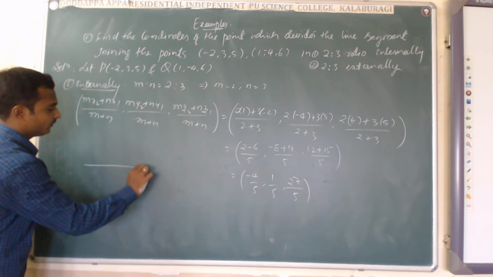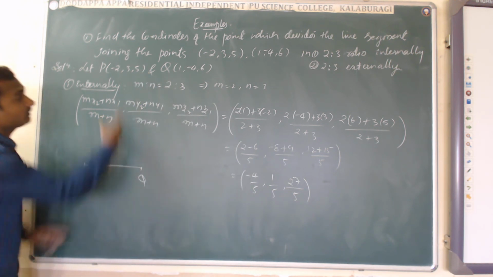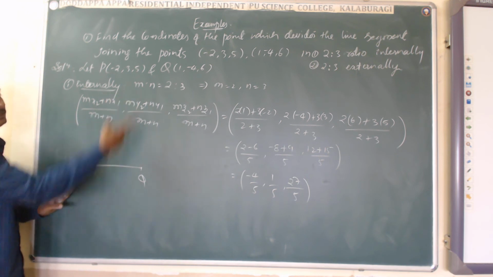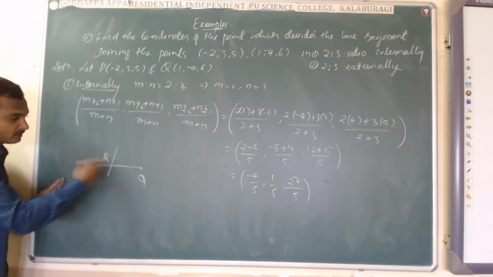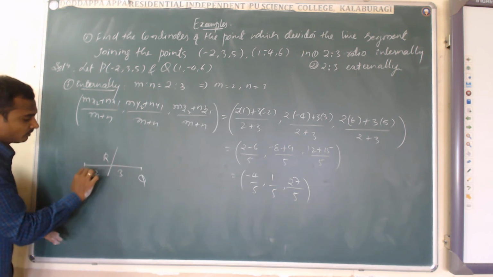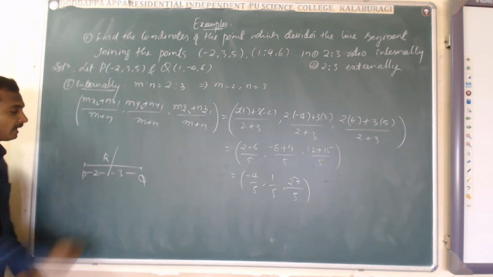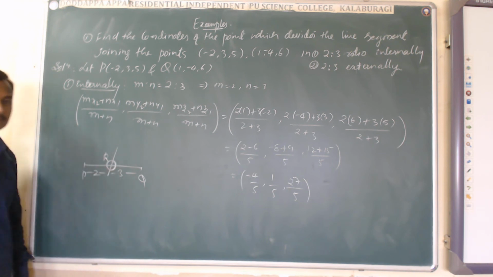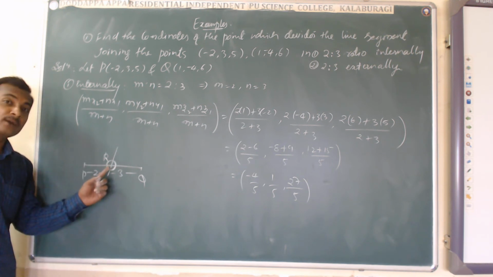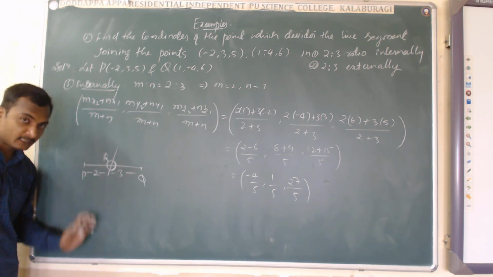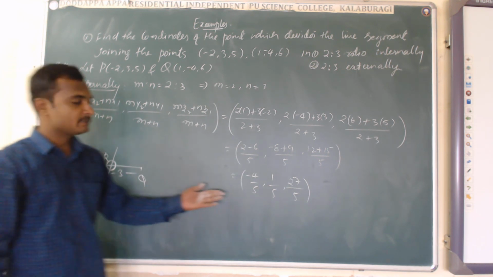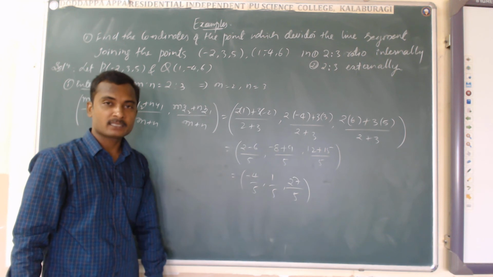That is, if P and Q are these 2 points, then there is another point R, which divides in the ratio 2:3, and the coordinates of the point R, which divides the joining of PQ in 2:3 ratio internally, are -4/5, 1/5 and 27/5.